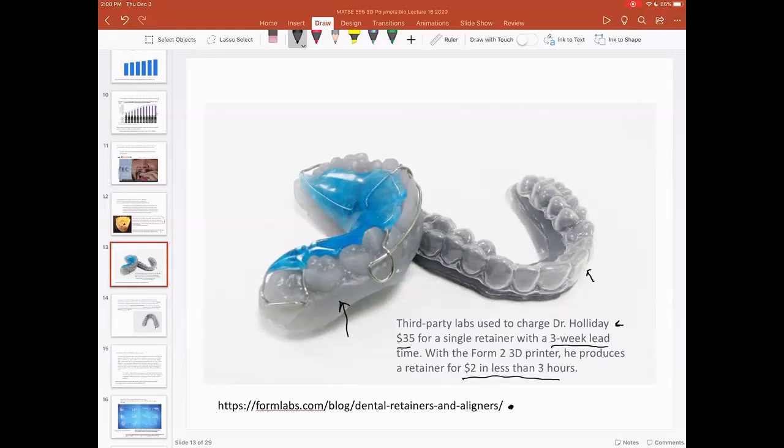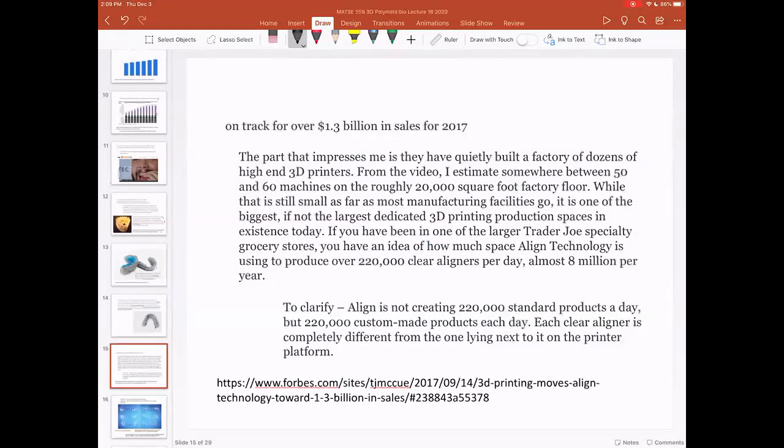But if I just 3D print a custom model of a person's teeth and then use my traditional manufacturing materials and techniques in order to make this appliance, I don't have to invent any new 3D printing technology. I can use what I have already. So that's an interesting difference than having to additively manufacture the products, as we've discussed before.